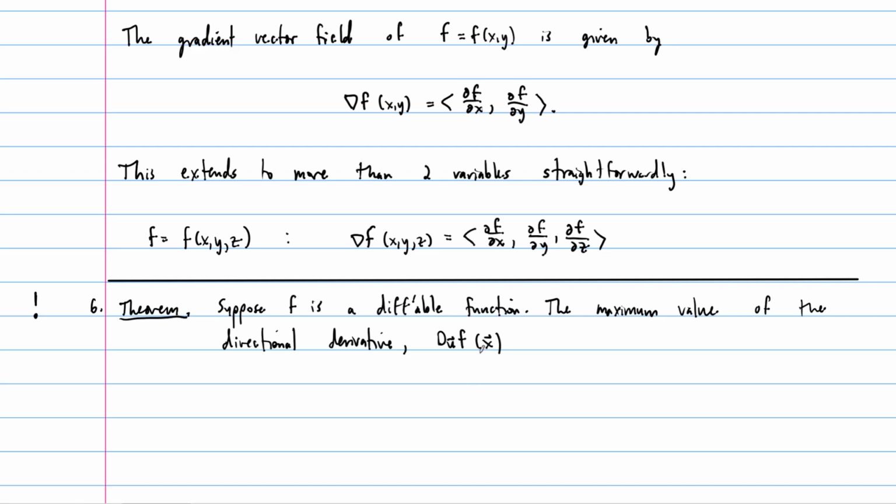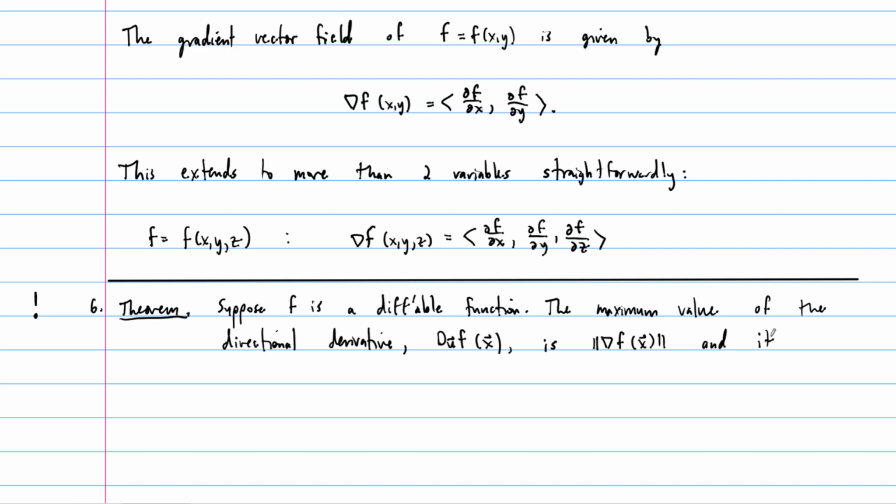I'll write this in vector notation because I want this to be true for any dimension, but use the direction vector. x is just the point in the domain of f thought of as a vector. But the maximum value of this thing is actually given by the magnitude of the gradient vector at that same point. So this is the maximum value that the directional derivative can have.